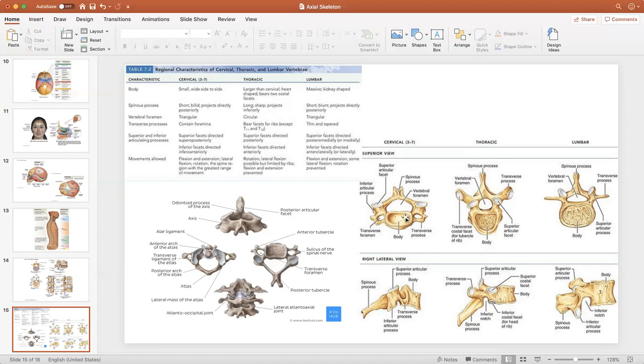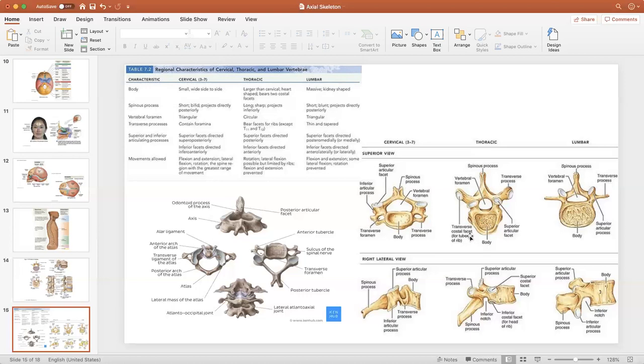We have a small vertebral body, and we have short transverse processes with transverse foramen, a hole here. Then we also have a bifid spinous process. So the spinous process doesn't come to a point like with the thoracic and lumbar, it comes to 2 points, bifid. So it's split. Okay, so that's the cervical vertebra.